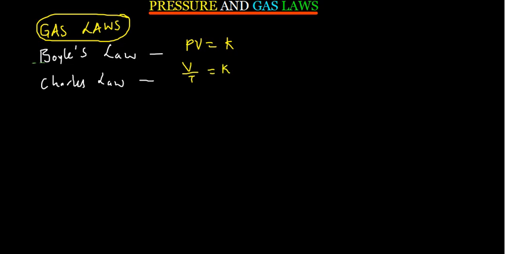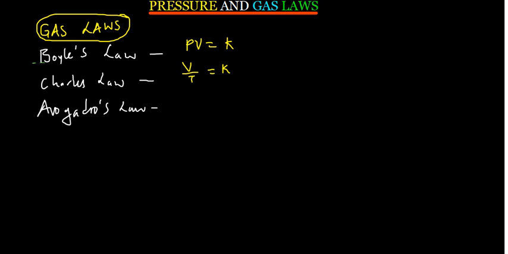The next gas law that we also get to understand is Avogadro's law. Now what does this one relate? Avogadro's law tells us the relationship between volume and the number of moles.